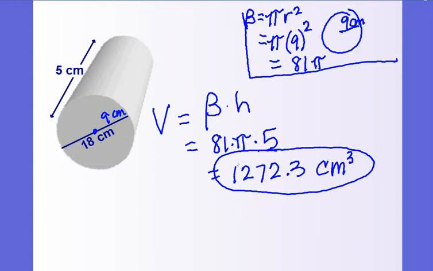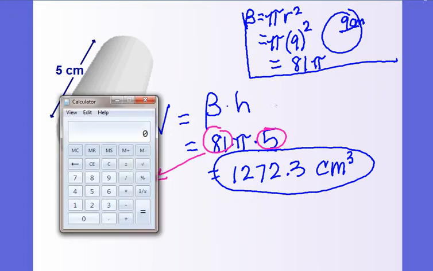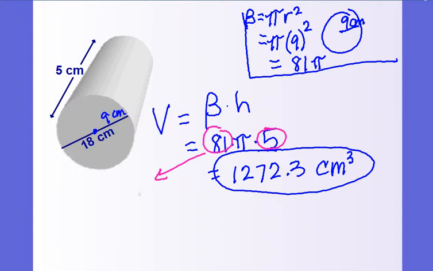Now sometimes you're going to be asked to leave your answer in terms of pi, which means you're going to multiply everything else but not the pi itself. So if I have to leave it in terms of pi, I'm just going to multiply the 81 and the 5. If I did that 81 times 5, I would get 405.